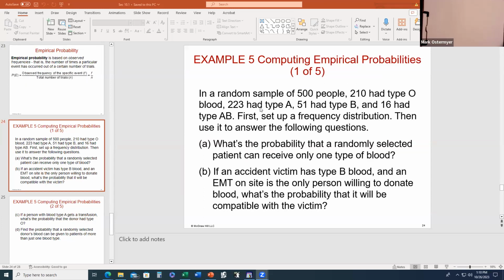Here's an example. In a random sample of 500 people, 210 had type O blood, 223 had type A, 51 had type B, and 16 had type AB. All right. Let's see if we can answer these questions. A, what's the probability that a randomly selected patient can receive only one type of blood?